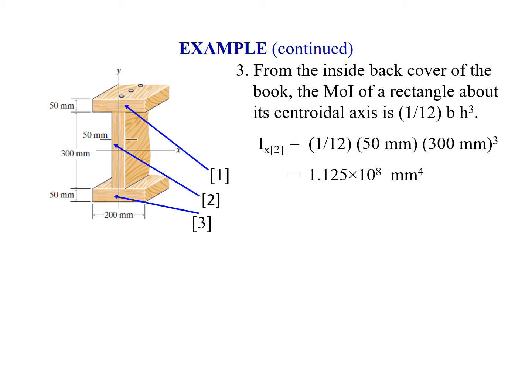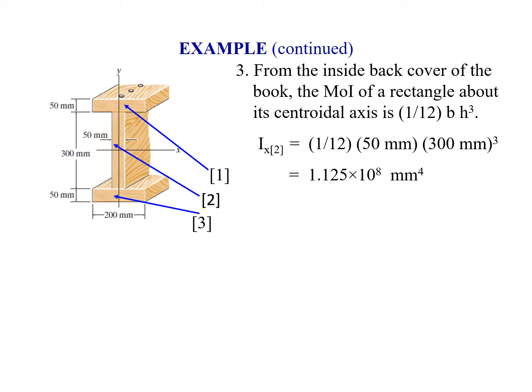So we'll start with the central rectangle, which is easier because its centroid happens to lie on the x-axis of the entire beam. So it's just equal to 1/12 its thickness, 50 millimeters, times its height, 300 millimeters cubed, or 1.125 times 10 to the 8th millimeters to the 4th.